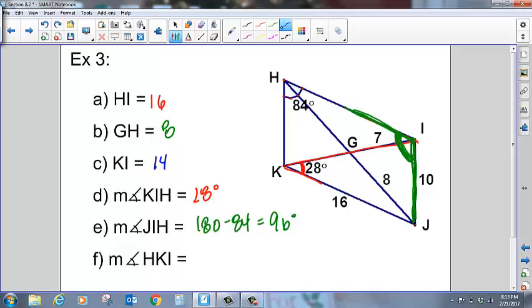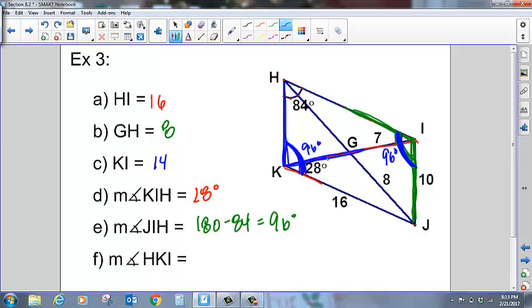And then finally angle HKI. So HKI here. So if this angle here is 96 degrees, the whole angle, then since this whole angle here is opposite that one, that means it's also 96 degrees because opposite angles are congruent in a parallelogram.